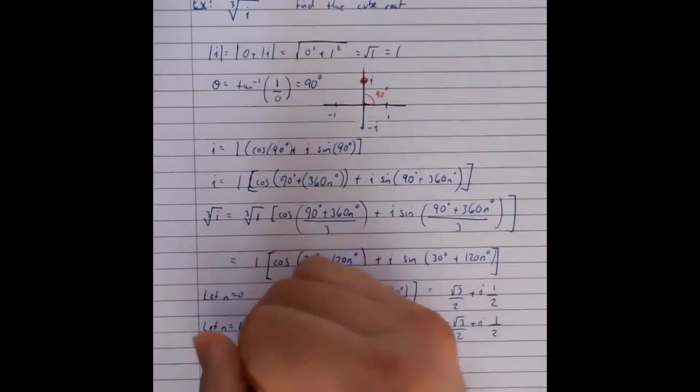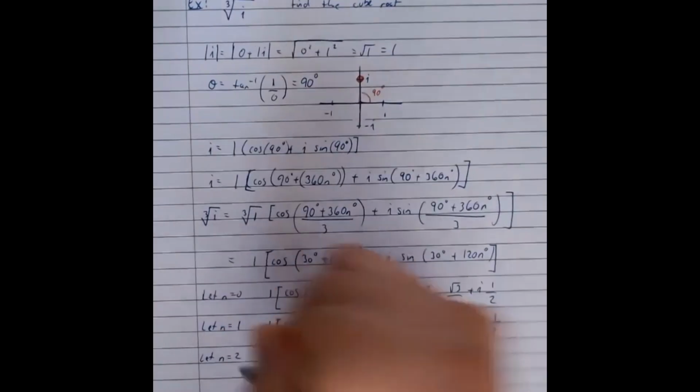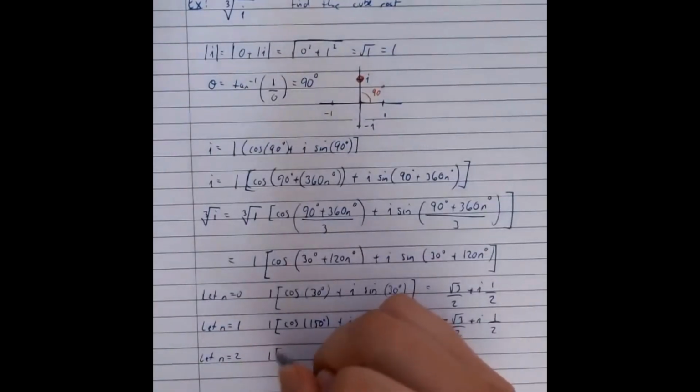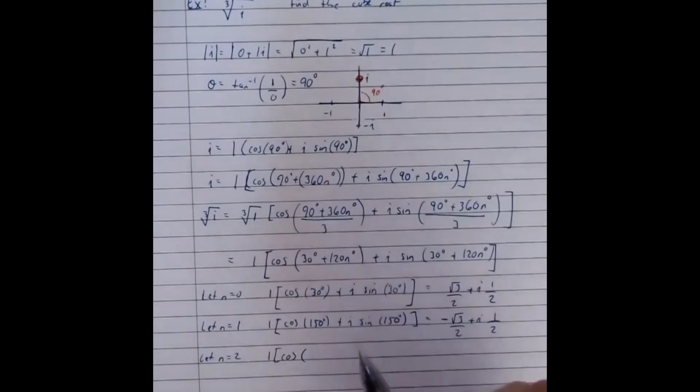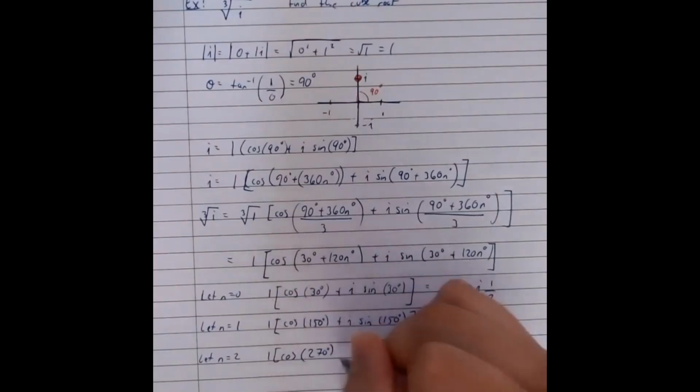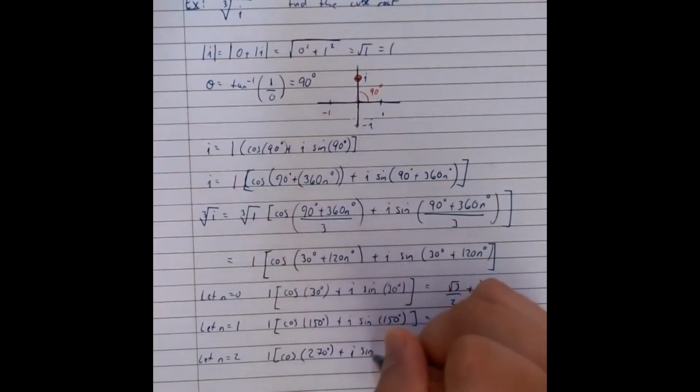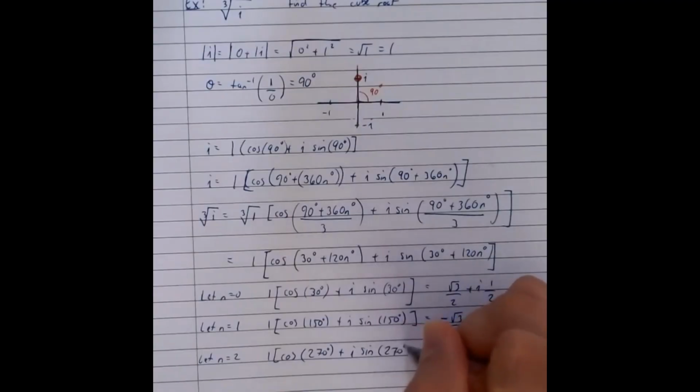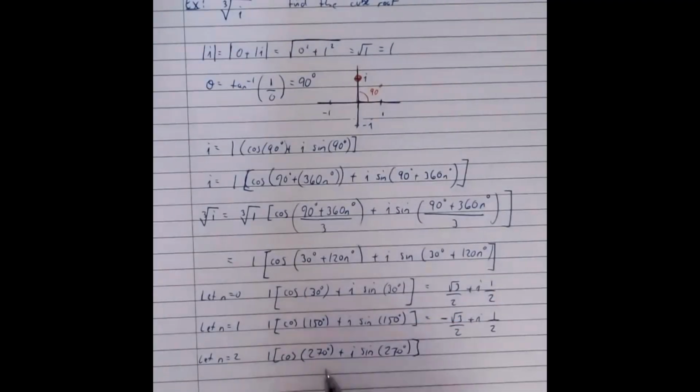Well, let me keep going. Let n equal 2. Well, that's going to be 1 times the cosine of 2 times 120, which gives me 240, plus another 30, that gives me 270, plus i sine of 270. And I know those numbers. The cosine of 270 is going to give me negative 1.